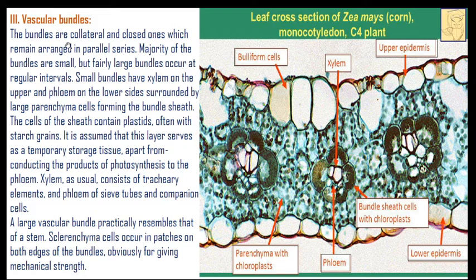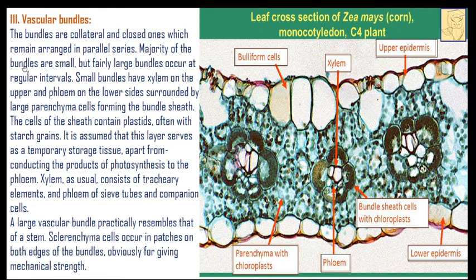Vascular bundles are collateral, means xylem and phloem are facing towards each other, that is collateral, and the complete vascular bundle is enclosed within bundle sheath cells which remain arranged in parallel series.